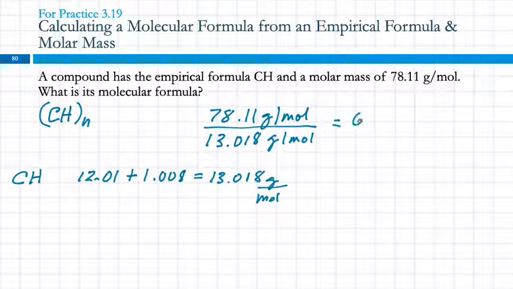And my calculator is giving me 6.0001. Which is 6.